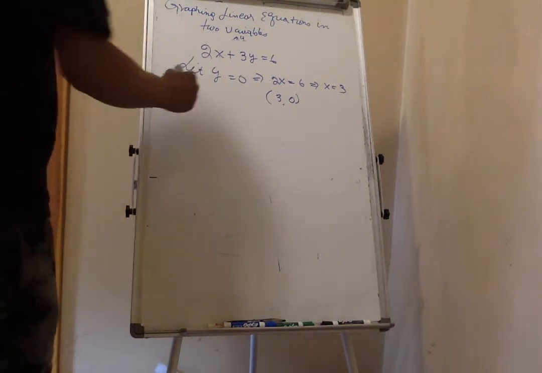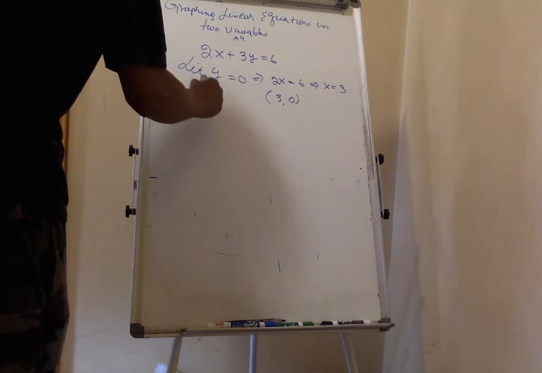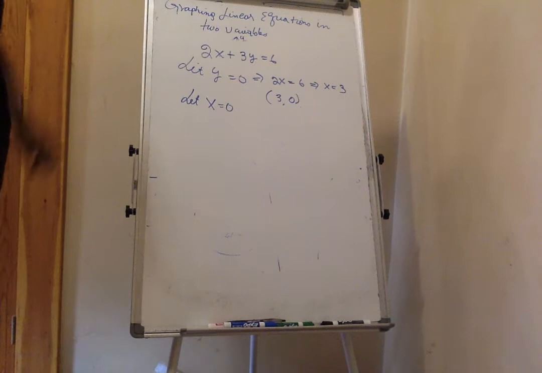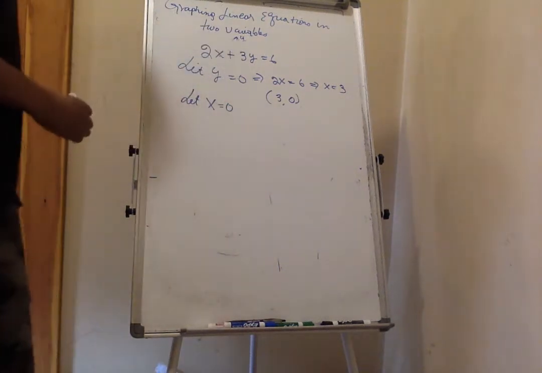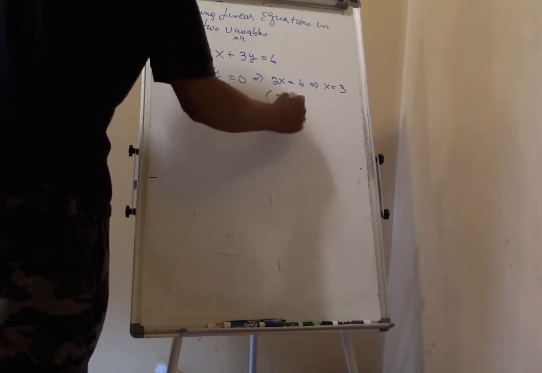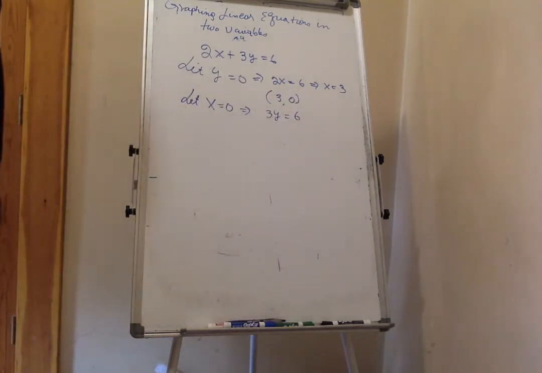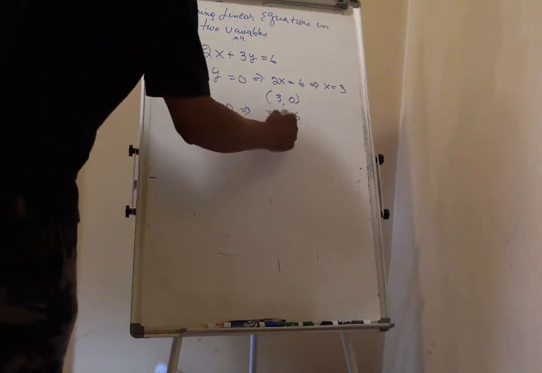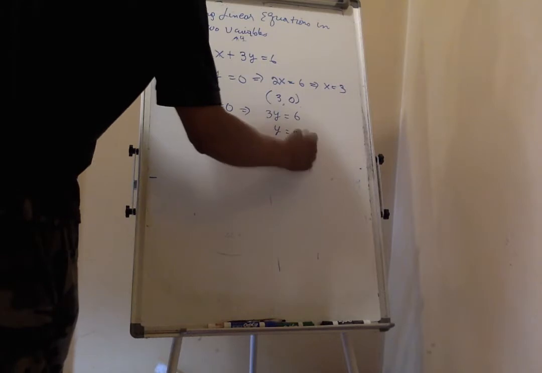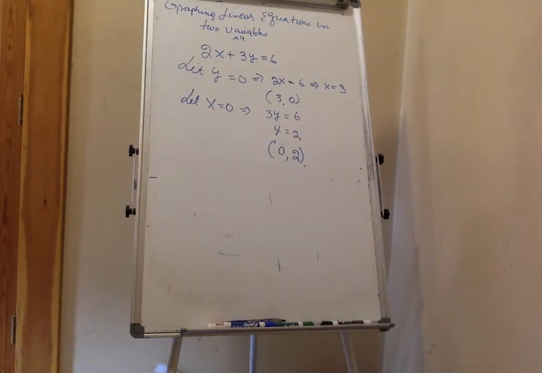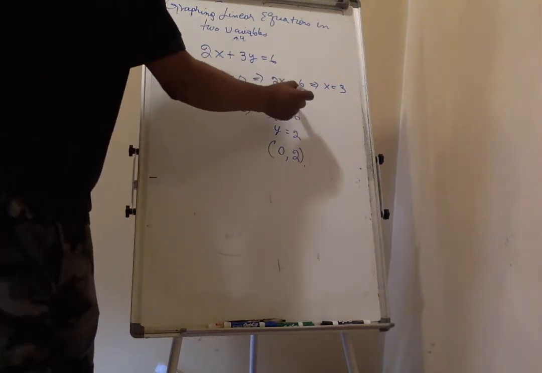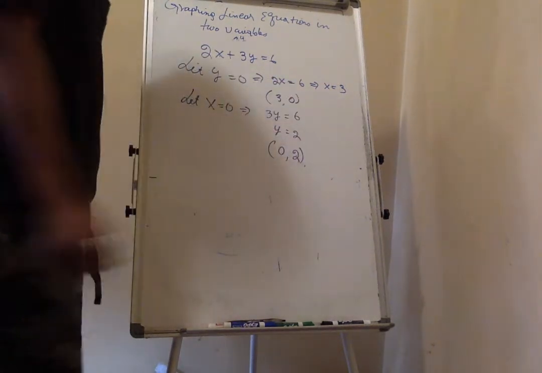Now let's do the y-intercept. Let x is equal to 0. The entire 2x also becomes 0. Then you have 3y is equal to 6, which leads us to y is equal to 2. So you have (0, 2) as your y-intercept. So we have the ordered pairs (3, 0) and (0, 2).